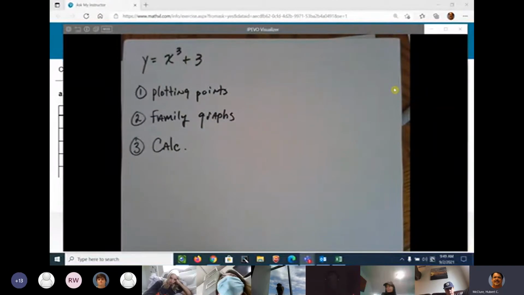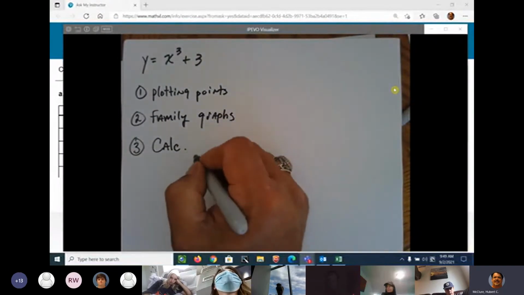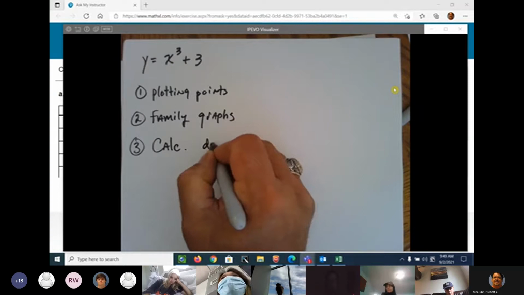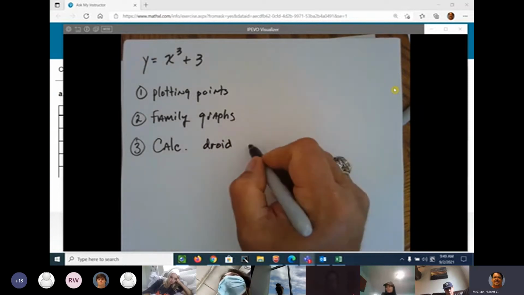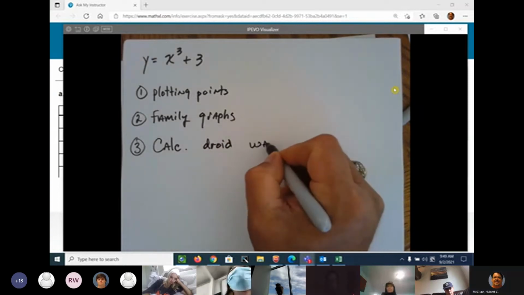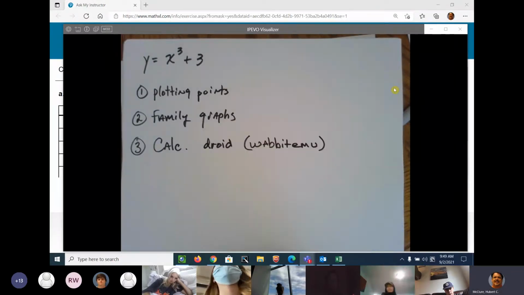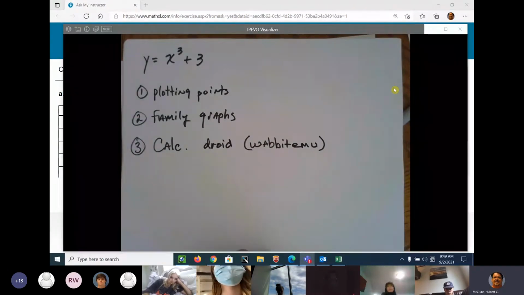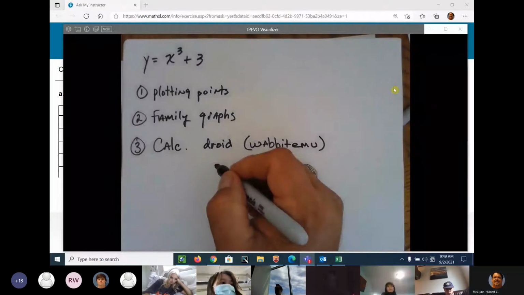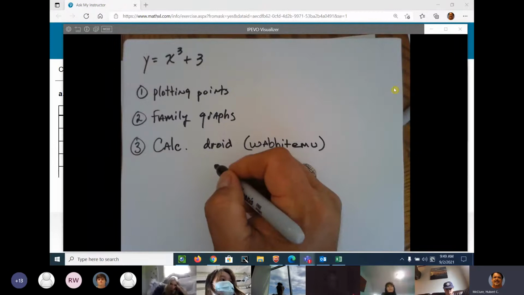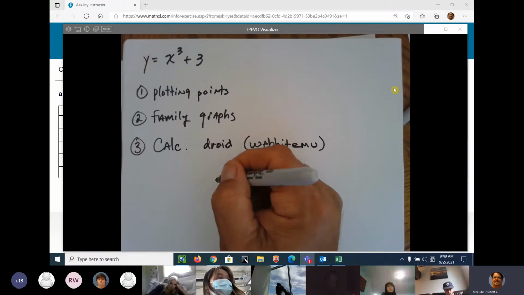Now, I will tell students that if you own a Droid phone, you can go to Wabbit, EMU, and you can download a TI-84 on your Droid phone, free. If you have an Apple, I think you have to go to online calculator, I think, somewhere like that.